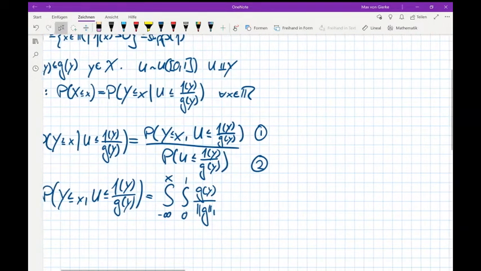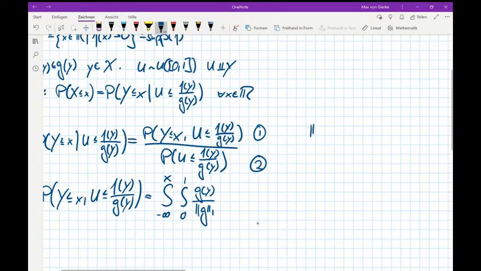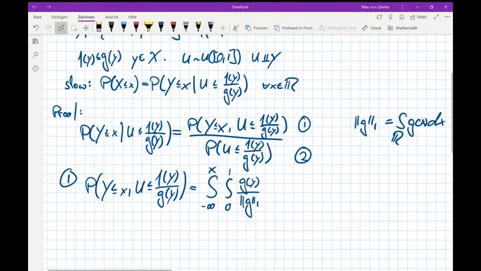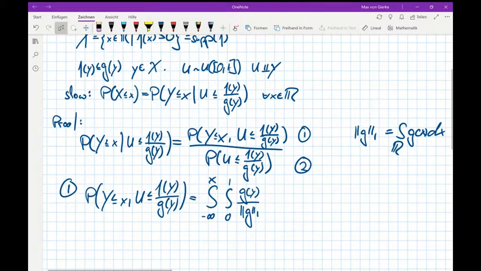It's just the L1 norm, so just integrating g over the whole of R. This is the probability density function of Y. The probability density function of U is just the indicator function from 0 to 1, because it's uniformly distributed on 0, 1.